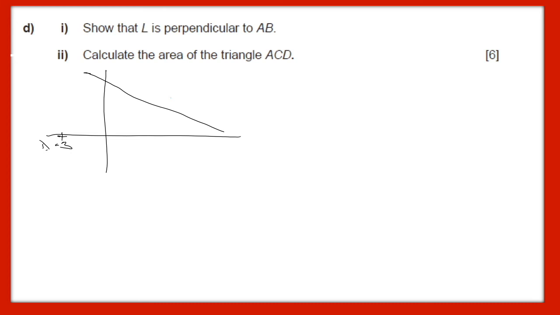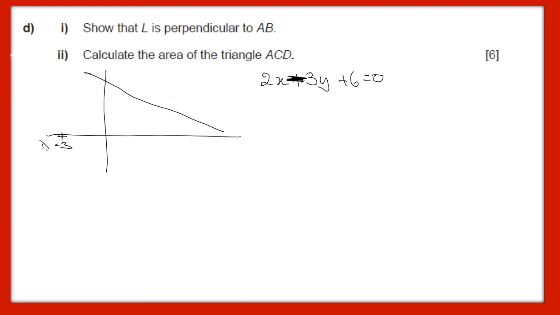If I want to put my line L in, I really need to know another point on it, so I need its gradient. So what we had was 2x plus 3y plus 6 equals 0. So if I rearrange that, silly boy, minus 3y.